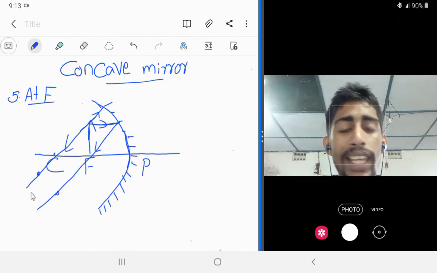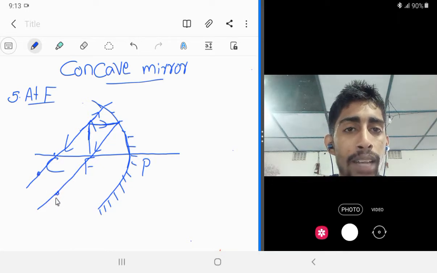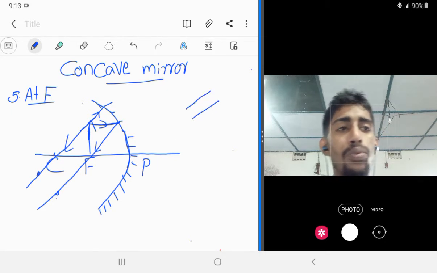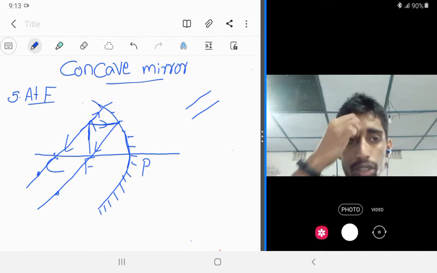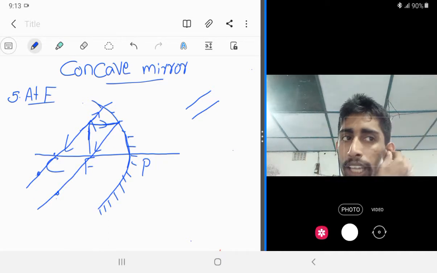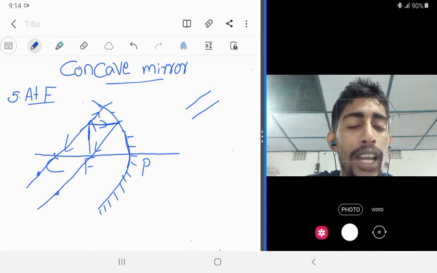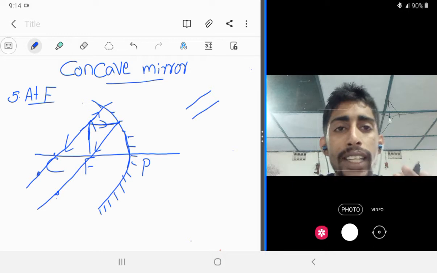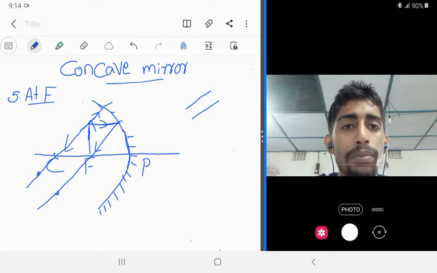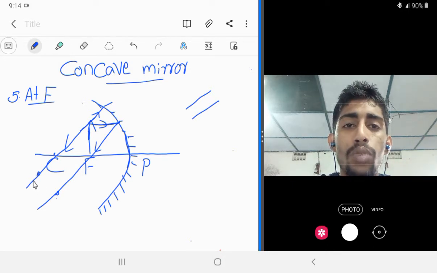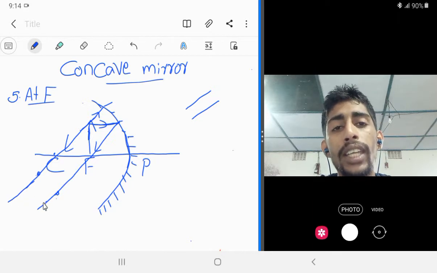You can see here that both these rays are parallel to each other. We know that if we are taking two parallel rays, they won't converge or join at any point. If the light rays converge, then only we will get the image. So here these light rays will move like this.